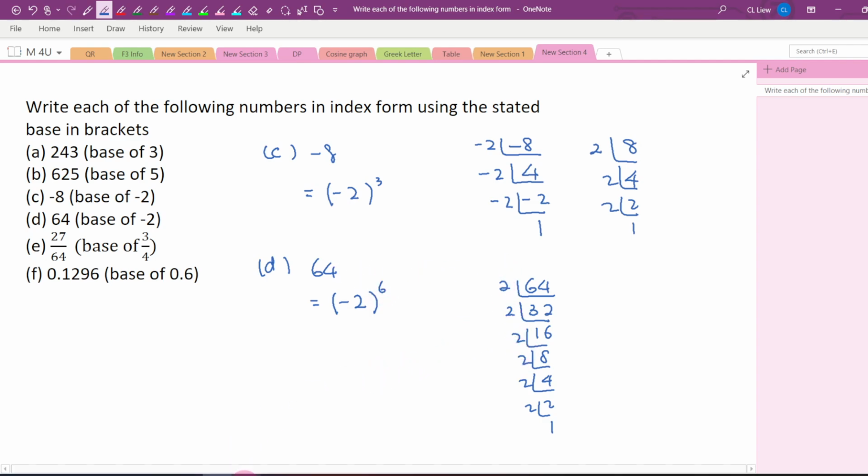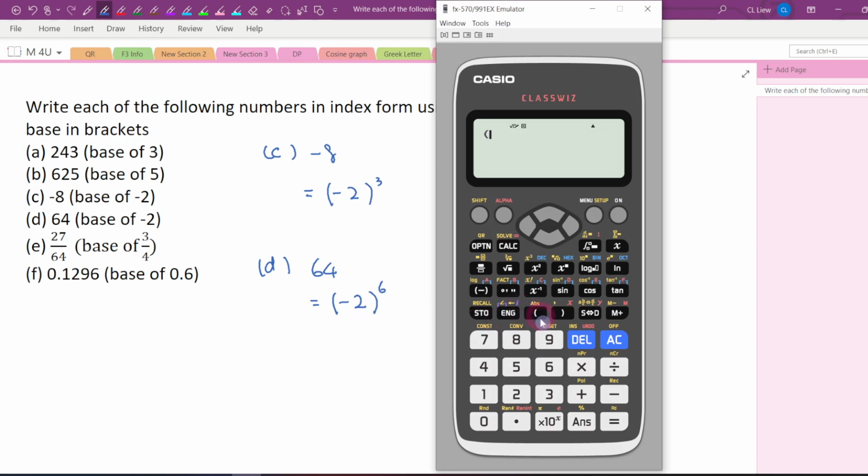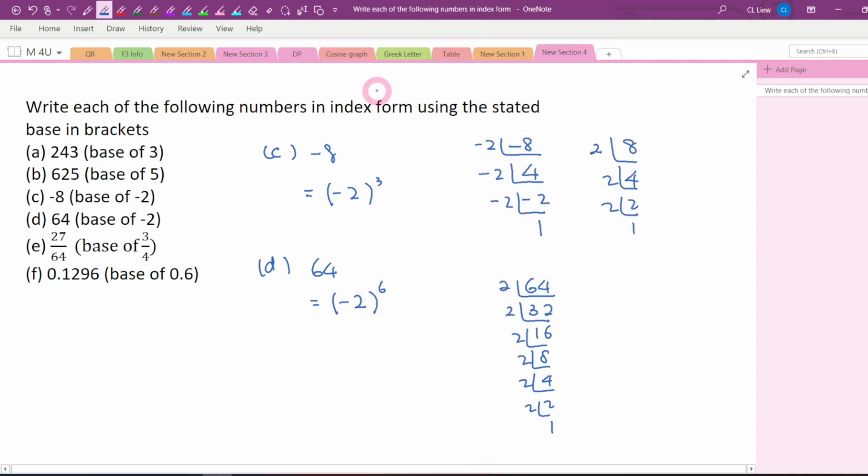You can press your calculator, it's a correct answer. And remember to put parentheses, negative 2 to the power of 6, 64. If you do not put parentheses, the answer will be different, which is negative 64.